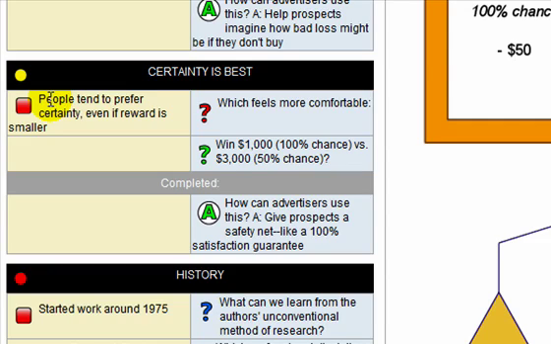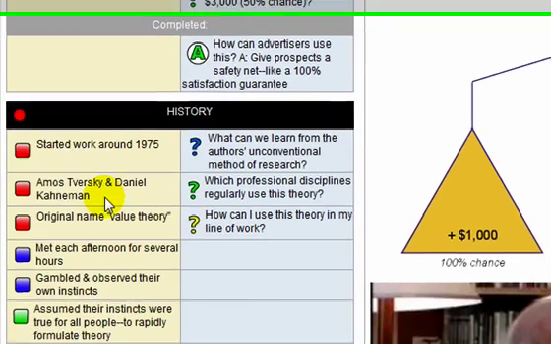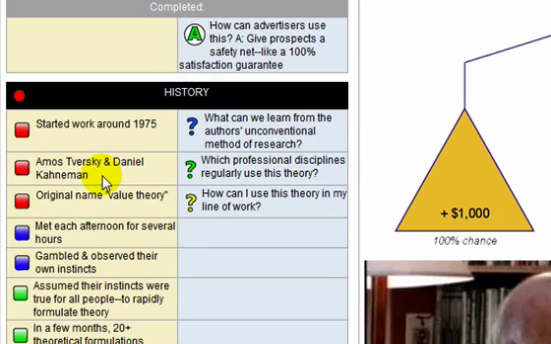This is not necessarily a beautifully written sentence. This is not Pulitzer Prize winning material, but it's small enough to go directly into the brain and tell the person exactly what you're talking about. And even over here, the history of prospect theory, we have the founders and when they started the work and the original name, and see how it's broken up.